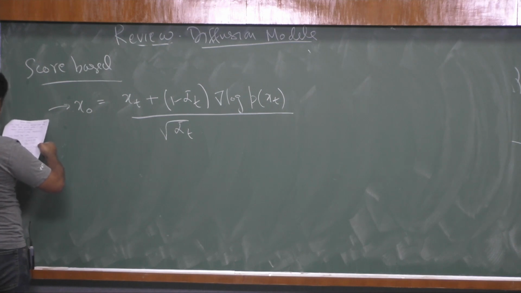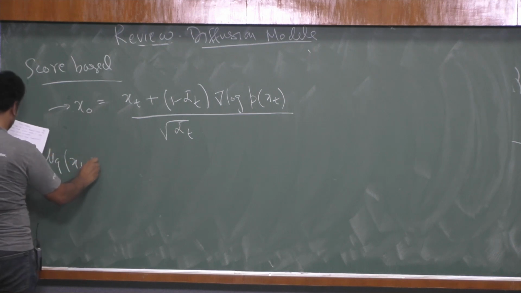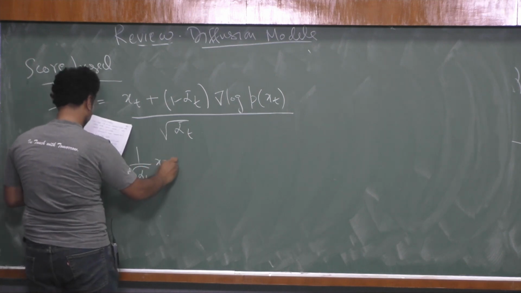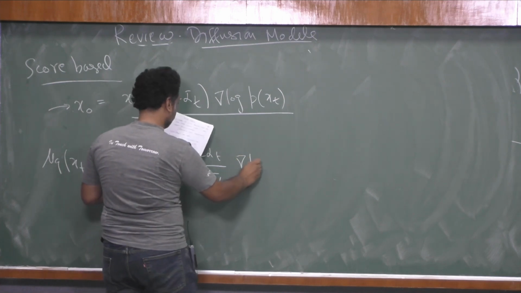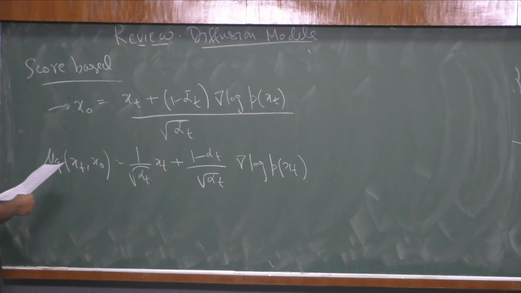From here what we got is mu q of xt and x naught is 1 by square root of alpha t xt plus 1 minus alpha t by square root of alpha t grad log p xt. We did all these derivations, and then we said that this is our mu q, which is the reference.